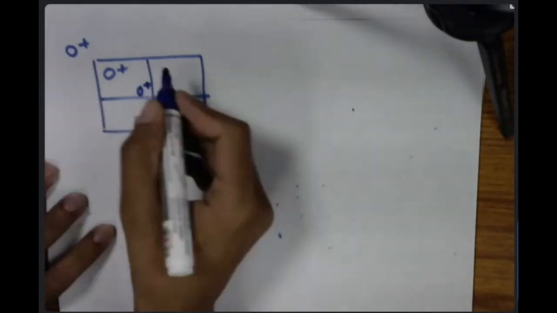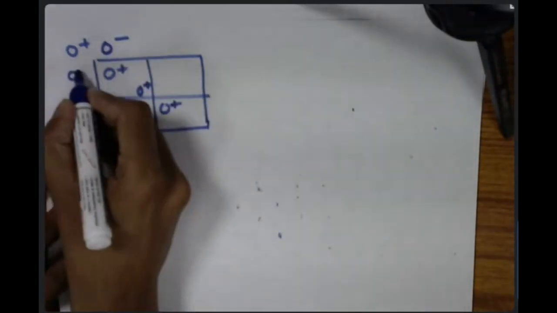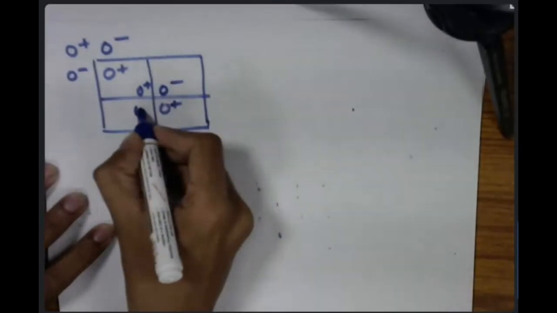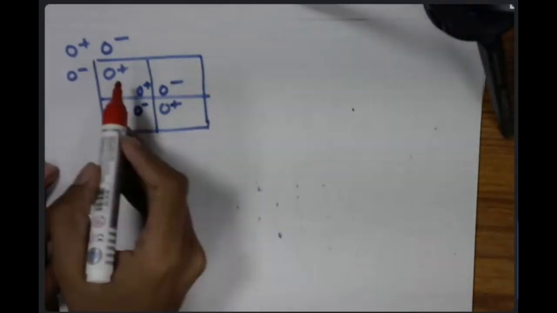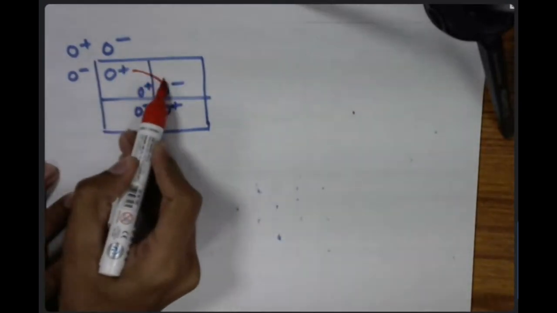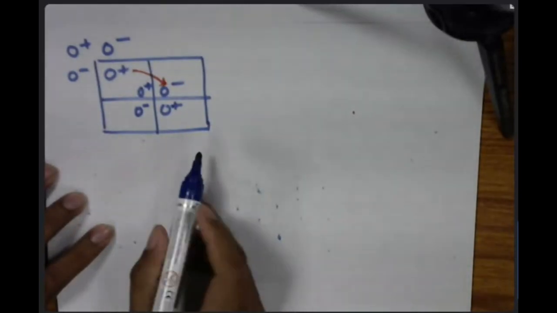I'm just writing them as they are. So now our question is how one can generate this particular point from here, right? This can only be done by the screw.